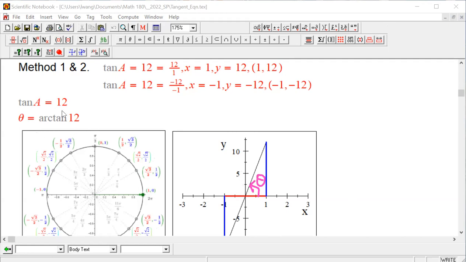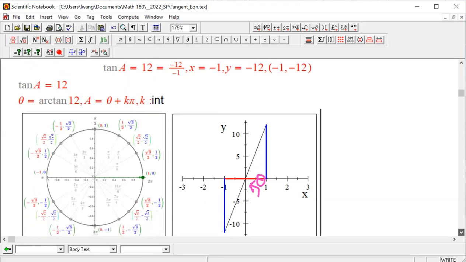So for tangent, for any output here, you have a solution. There will never be a situation where you don't have a solution. So the answer, of course, is theta plus k pi, k being any integer.